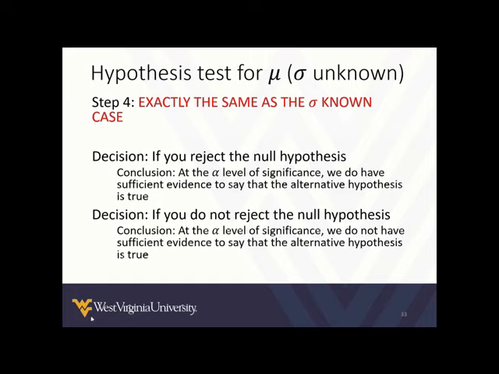If we reject the null hypothesis, then we say at the alpha level of significance, we have sufficient evidence to say that the alternative hypothesis is true. And then if we do not reject the null hypothesis, we state that at the alpha level of significance, we do not have sufficient evidence to say our alternative hypothesis is true. And as always, that alternative hypothesis is true statement should be in the context of the problem.